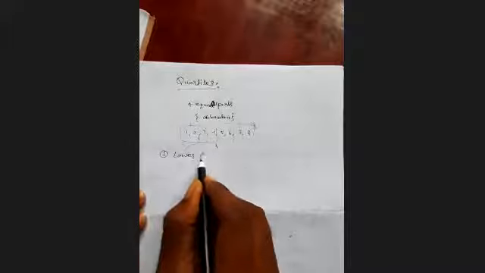The first one is the lower quartile. The lower quartile is also called the first quartile, denoted by Q1.